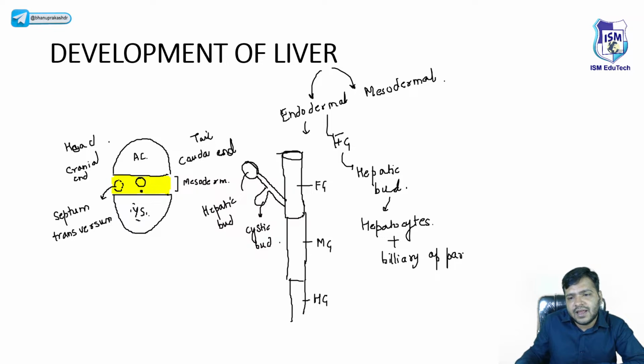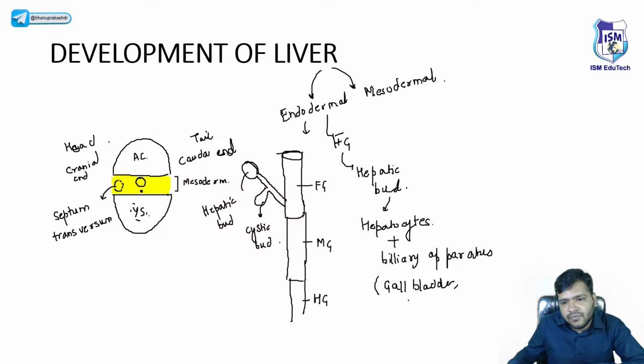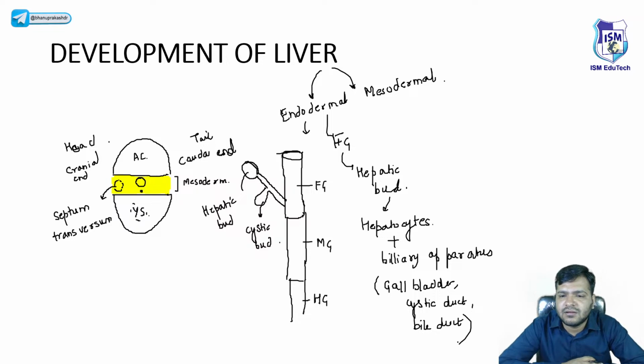When I say biliary apparatus, guys, you should remember I'm talking about the gallbladder, the cystic duct, the bile duct, and the common bile duct. So this part of the liver, the hepatocytes and the biliary apparatus, is endodermal because it is developing from the foregut.